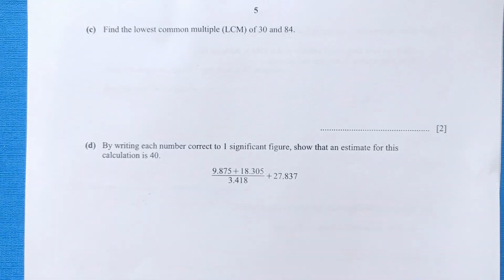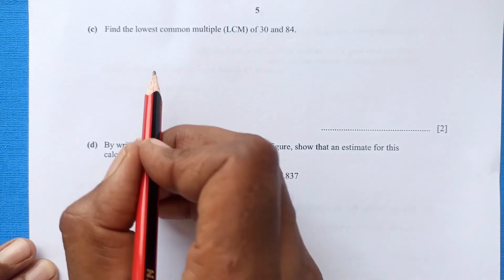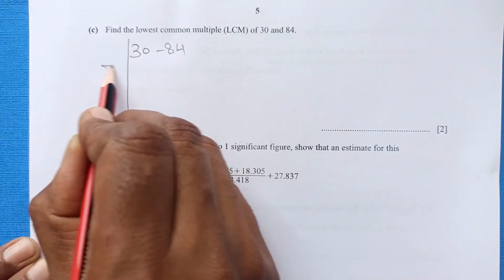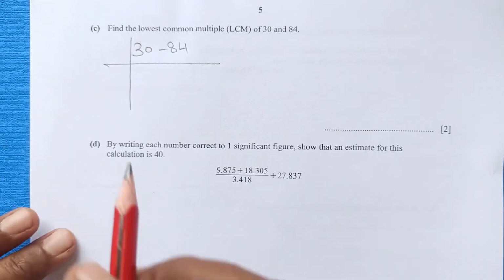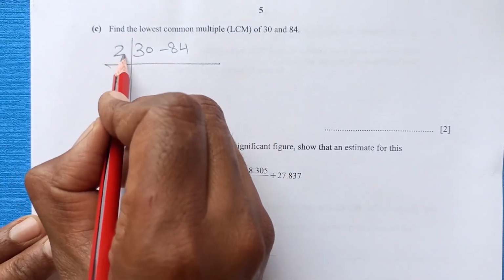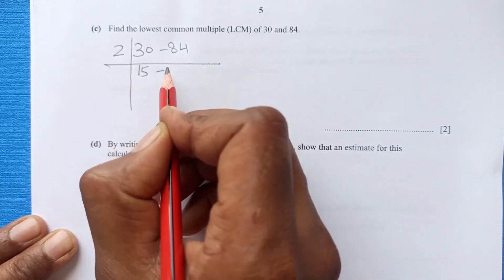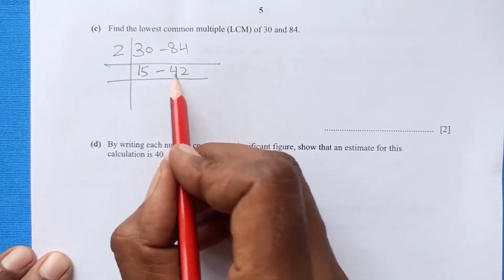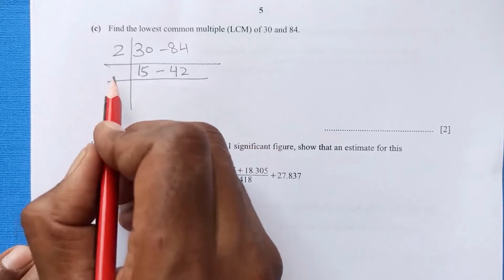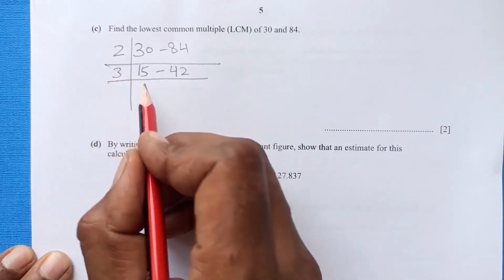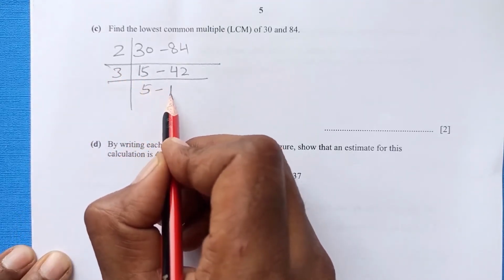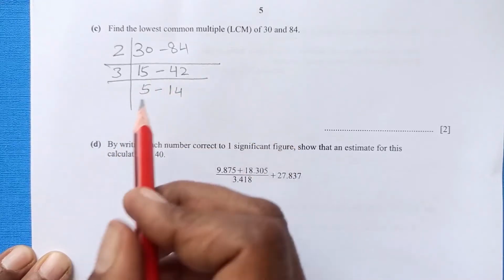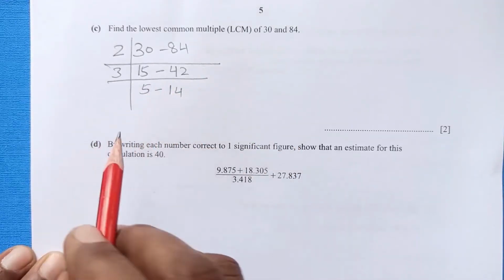Part C, find the lowest common multiple of 30 and 84. For the LCM, we can again use the division method. First of all, we divide by 2. It's 15 and 42. These two are multiples of 3, so they can be divided by 3. 3 times 5, 3 times 14. 5 and 14, now there is no further simplification possible.